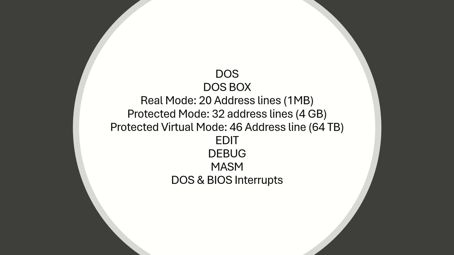Then 186 came, 286 came, 386 came, and so on. Then a lot of changes were made, particularly in terms of memory management and the protection mechanism. Because after 8086, Intel wanted the computer to be made as a multi-user, multitasking system, like a workstation.